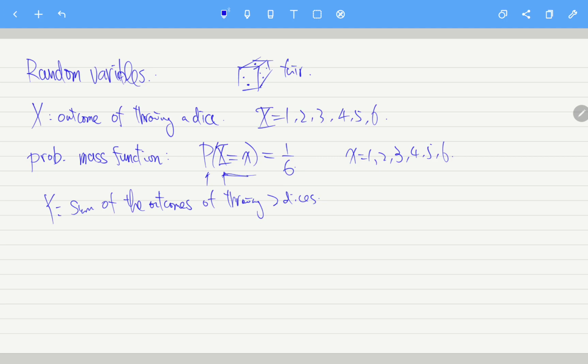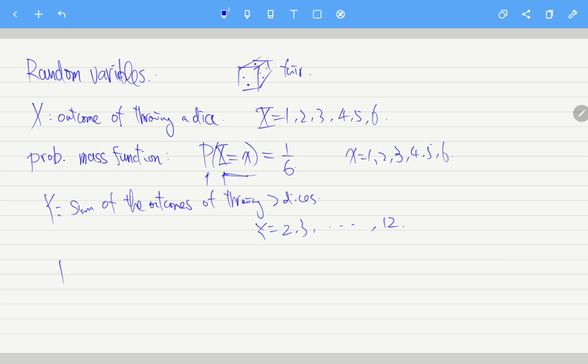In high school, you should know y could be 2, can't be 1, because at least it would be 1 plus 1. So 2, 3, up to 12, since 6 plus 6 is 12.